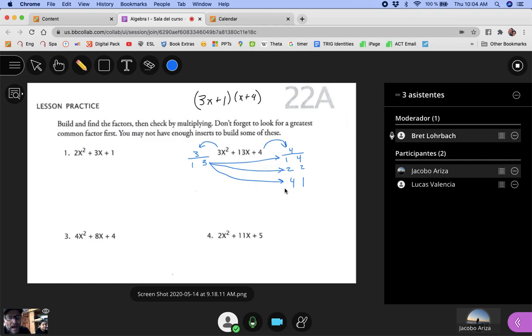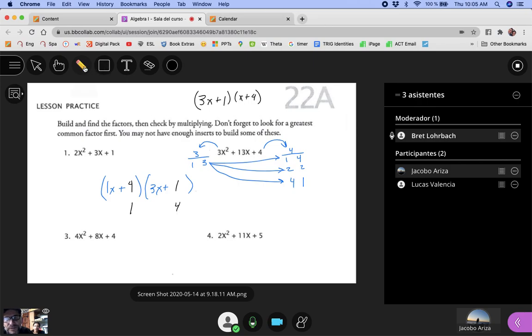For example, 1x, I can put the 1 and the 3 in this order. But with the 4 and the 1, there's 2 possibilities because I can put the 1 here and the 4 there, or I can put the 4 here and the 1 there. You see, I can change the order. There's 2 possibilities.